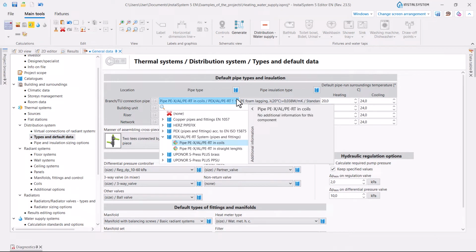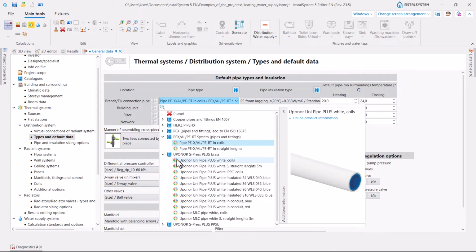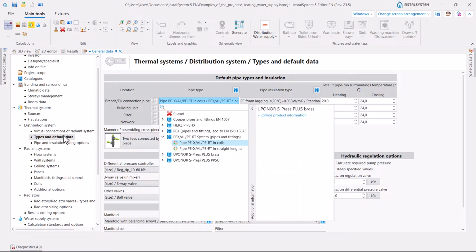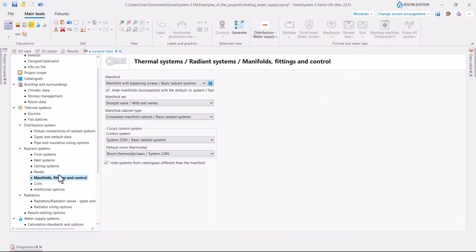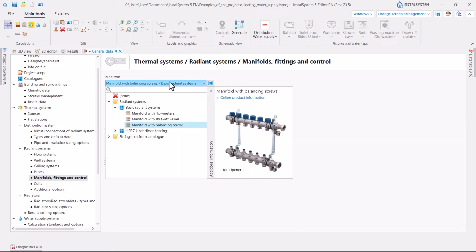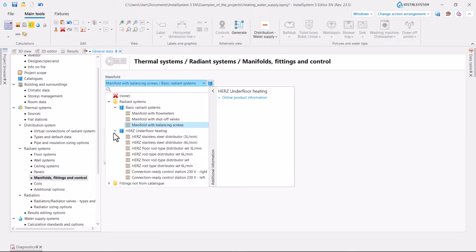Moreover, while selecting system or product to be used in designed installation, picture and additional description can be displayed. It facilitates finding and choosing for the product proper systems and elements of the installation.